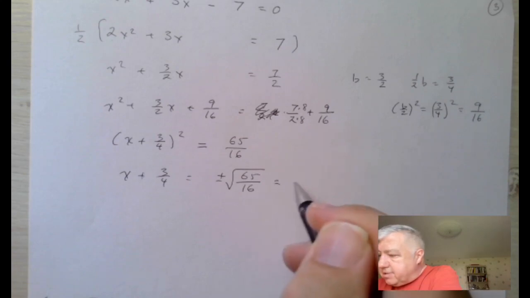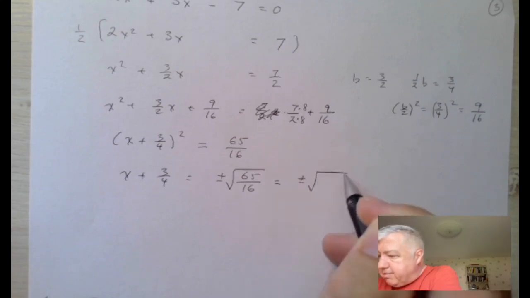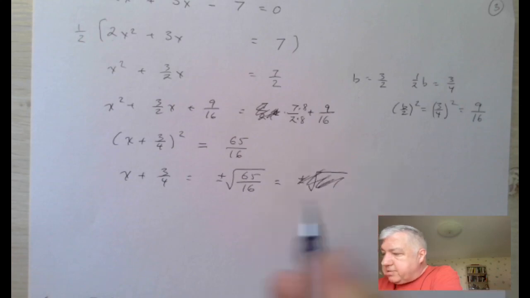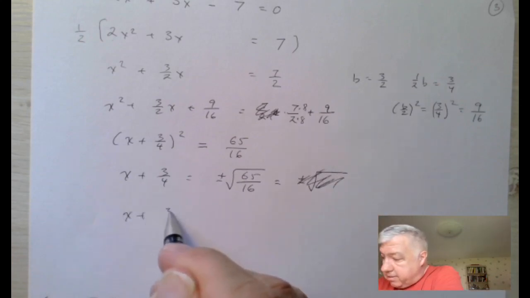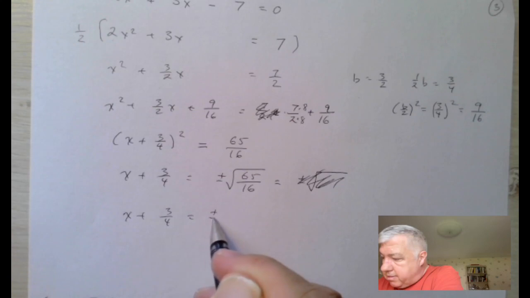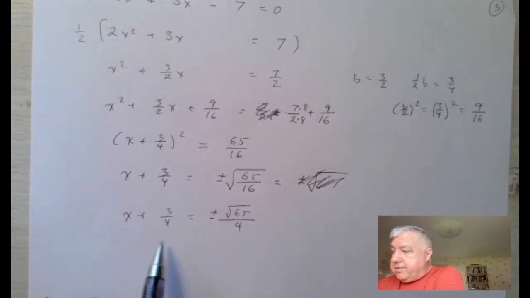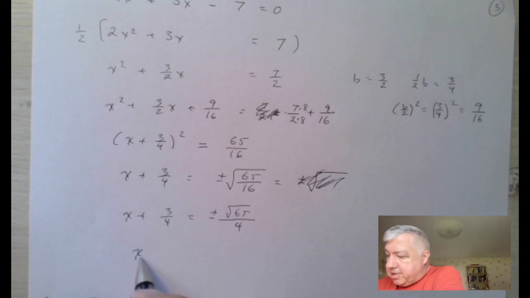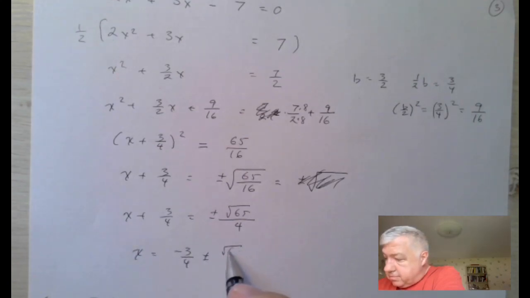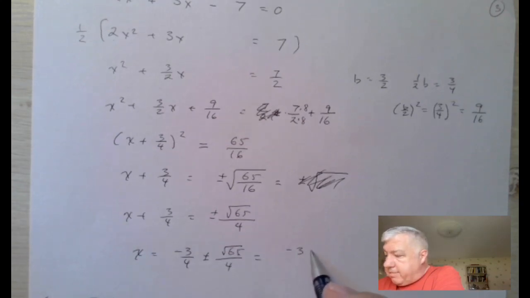So this is the same thing as plus or minus the square root of 65 over 4. And then subtract 3/4 from both sides, which will be negative 3 plus or minus the square root of 65 over 4.